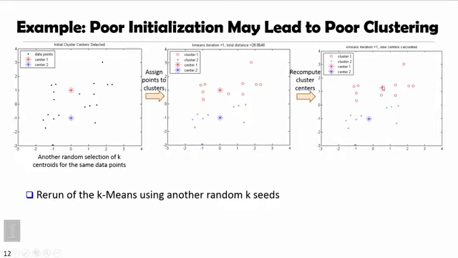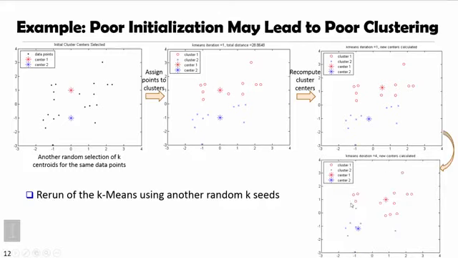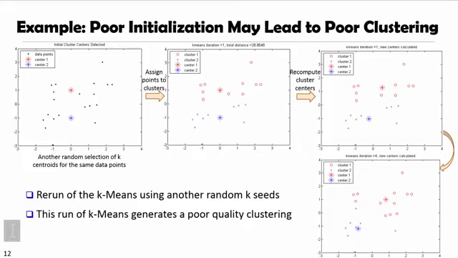Then we can recalculate the centers again. You can see the centers actually moved. With this recalculation, we can reassign those points. You can run this a few rounds. You probably can see that finally they stabilize like this, but actually this is not a very good clustering at all. So this round of k-means generates a poor quality clustering.